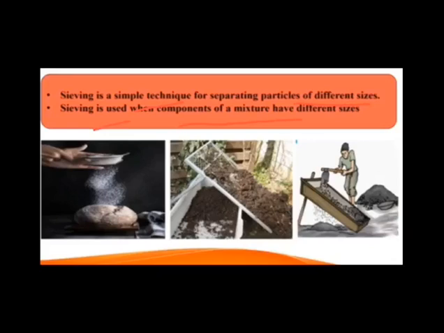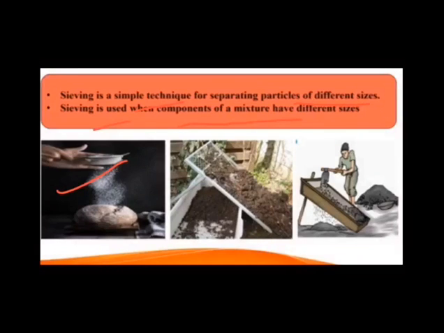Why I am saying so is because suppose your mother is sieving this atta with the help of this sieve, so the impurities which are larger than the size of this wheat flour remain in the sieve, right? So sieving can only be used when the particles are of different sizes, right?